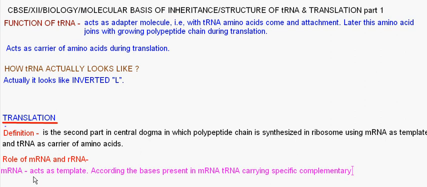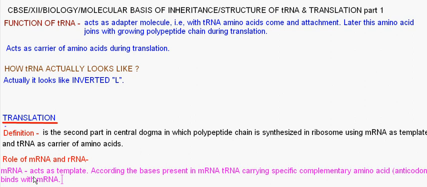So in simple words, according to the bases present in mRNA, a specific type of tRNA carrying bases complementary to the bases of mRNA comes and binds by forming hydrogen bonds.